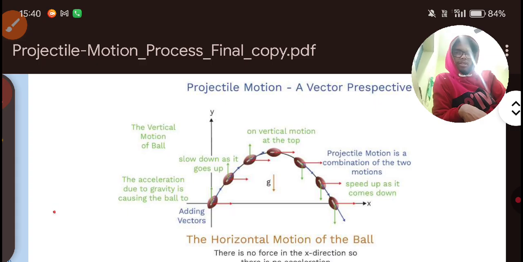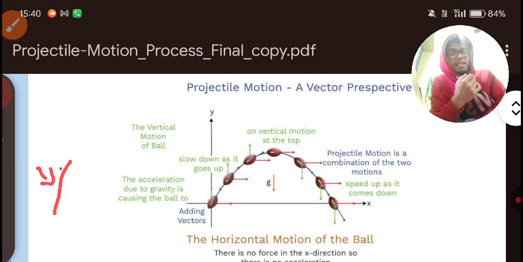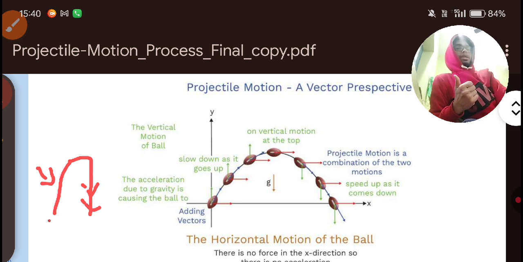Remember, as the ball goes upward, its velocity decreases.